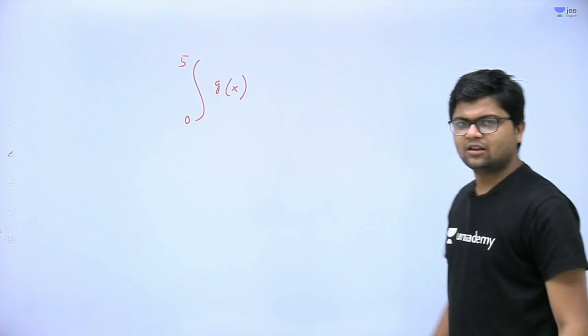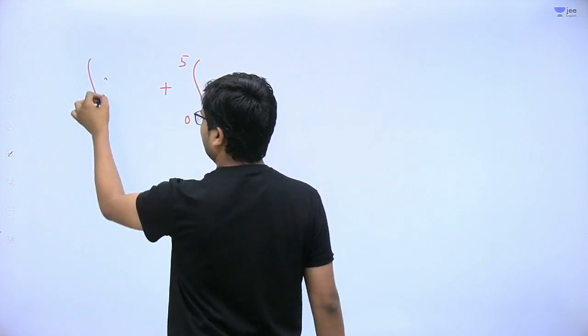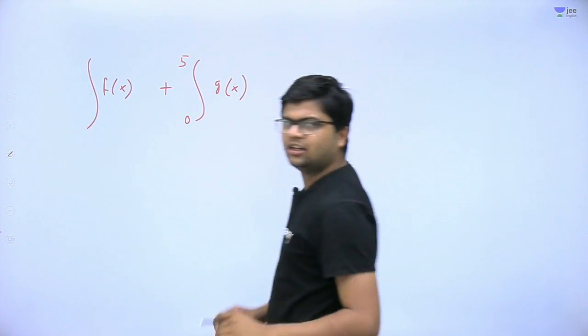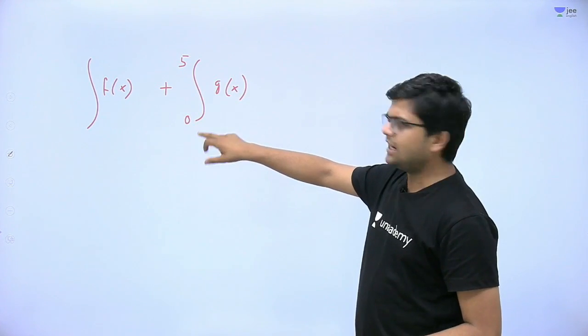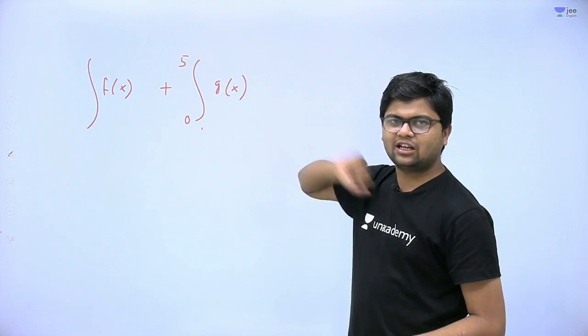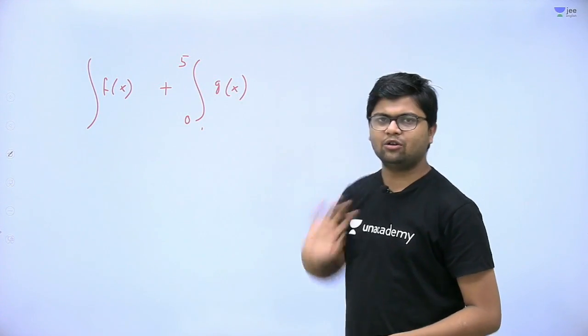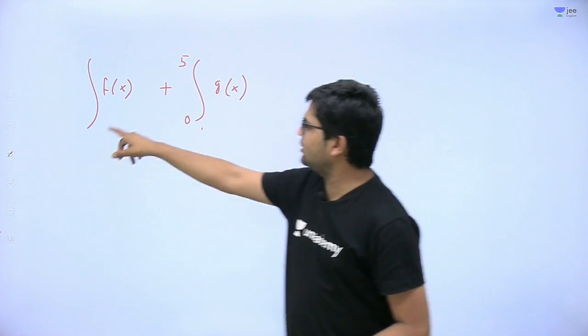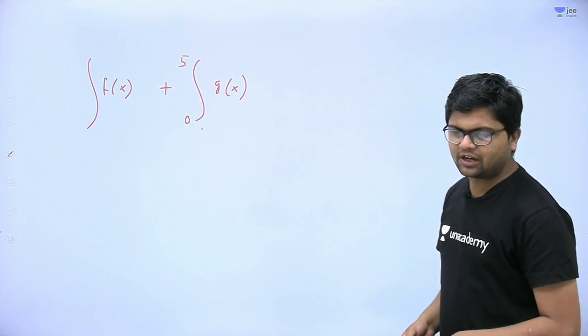If f(x) and g(x) are inverse of each other, this should be f(a) and this should be f(b), for some a and some b, so that I can put the limits here and find the answer.